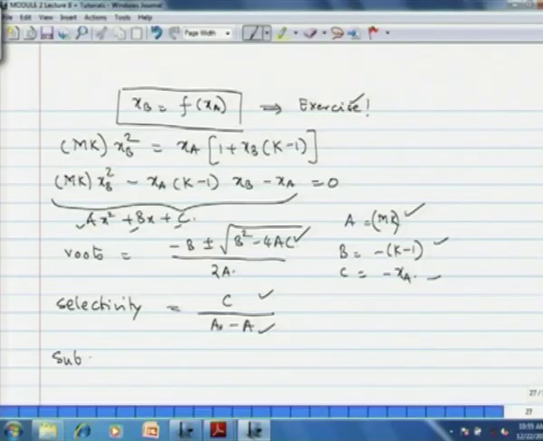So, if you substitute that, substituting for C and A naught minus A in terms of XB, will give you the following.